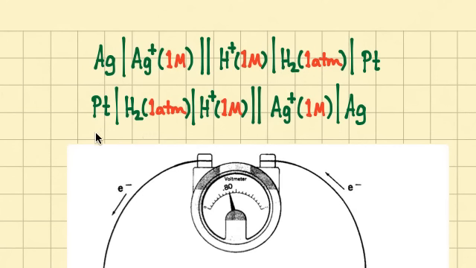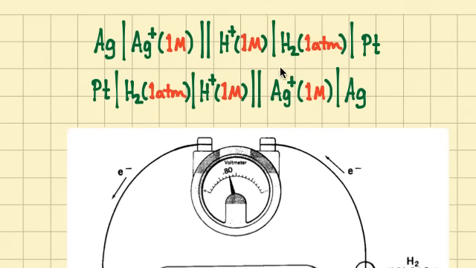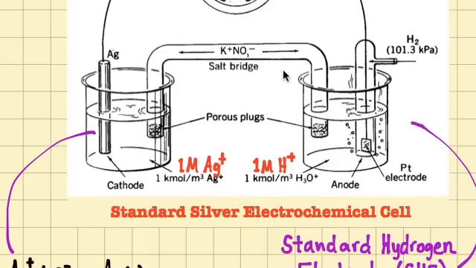Oh no, wait a second, that's not right. Yeah, this is the reduction. So usually I put the oxidation over here. So I have the platinum metal in contact with the hydrogen gas, which is also in contact with the acid water. And then I have the silver, which is actually over here on my picture, in contact with the 1 molar silver water. So that's shorthand notation for this diagram or something like it.